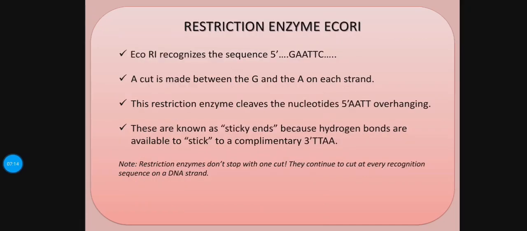Here I am taking one example of a restriction enzyme, EcoR1. The EcoR1 recognition sequence is GAATTC, and this recognition sequence is recognized by the restriction enzyme EcoR1, which makes a cut between the G and A on each strand, and this results in cleaving the nucleotides, leaving 5-AATTC overhanging, and this is known as a sticky end because the hydrogen bonds are available to stick to a complementary 3-TTA.